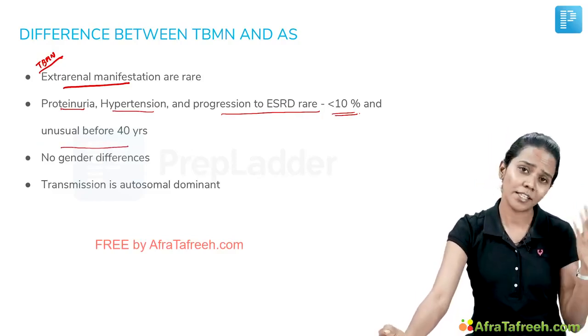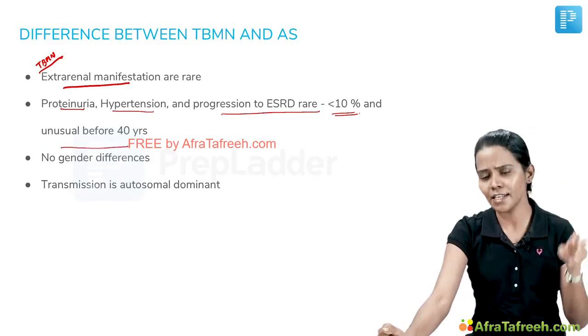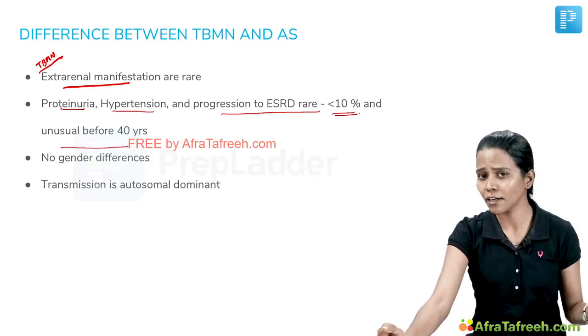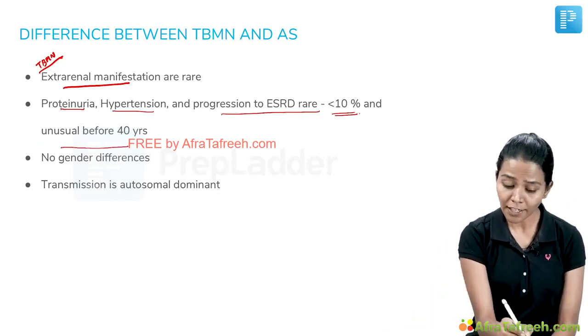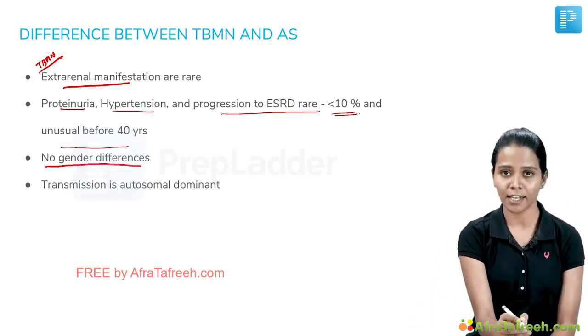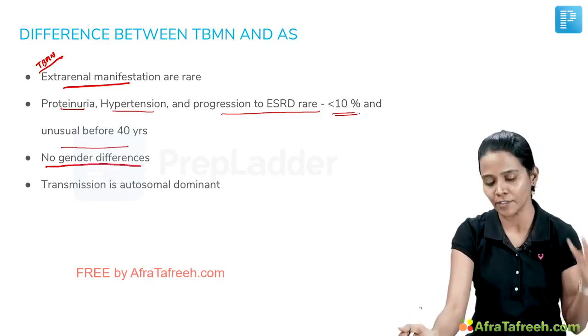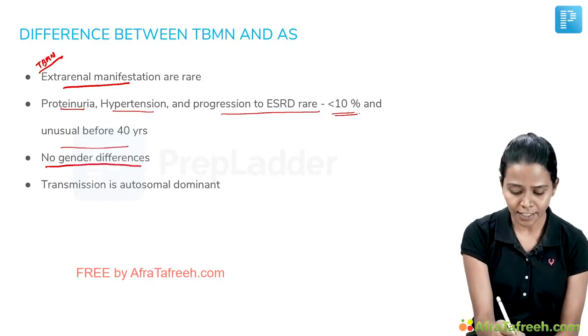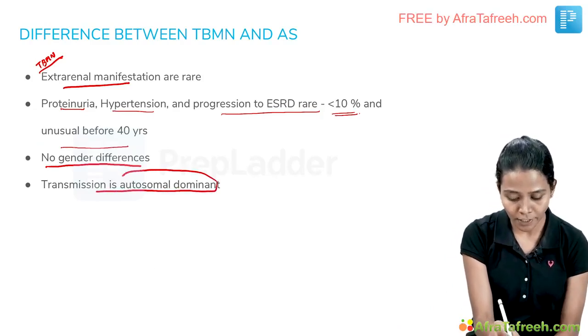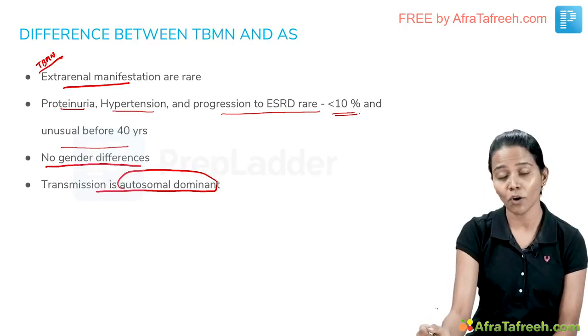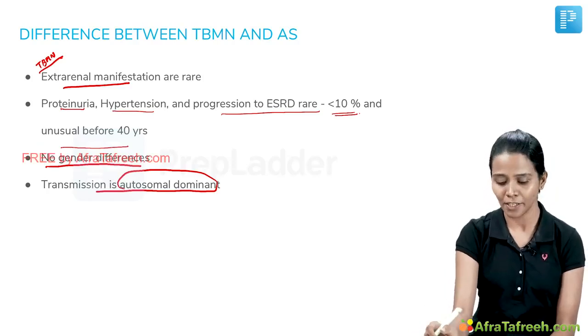Here, going into ESRD itself is rare, that is less than 10%, and it is highly unusual for it to occur in less than 40 years. No gender difference is seen, unlike in X-linked Alport syndrome, where males had more severe manifestation than females. And here transmission is autosomal dominant in the familial form.